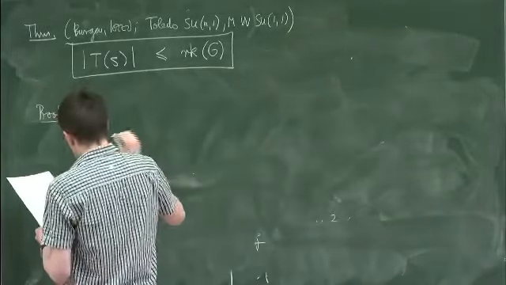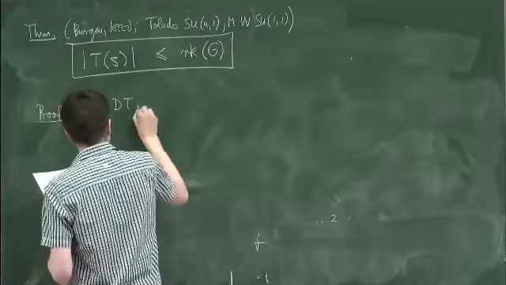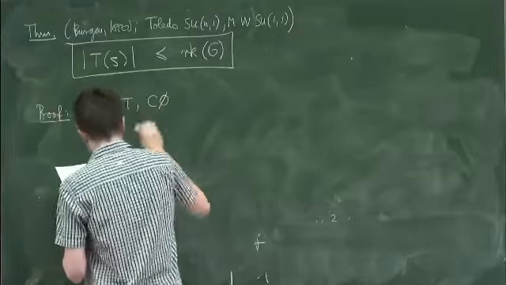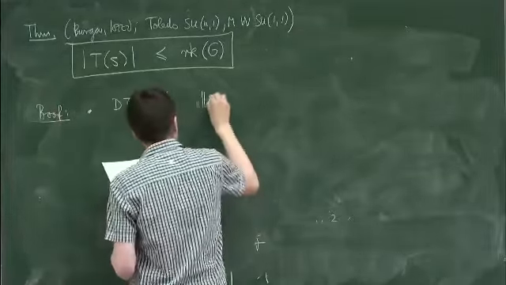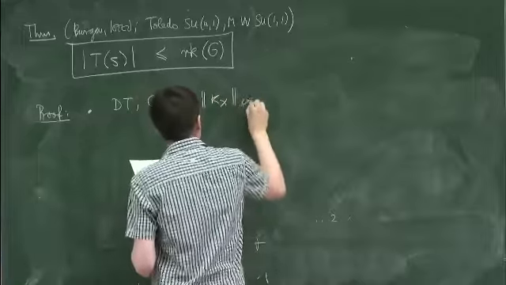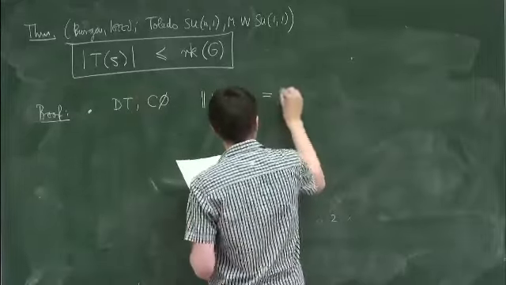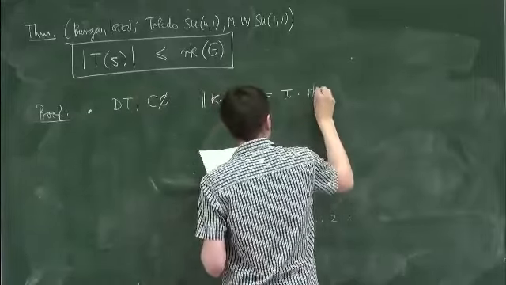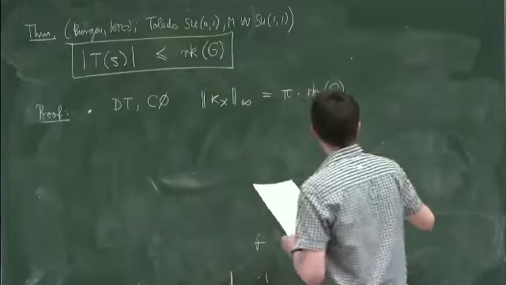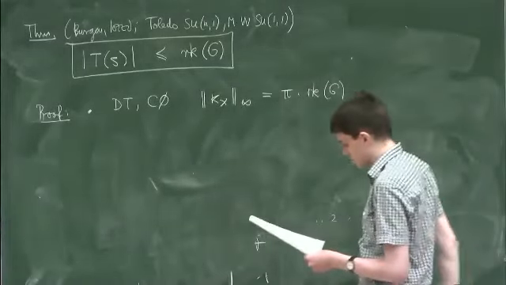So as I said, Domic and Toledo and Clerc and Ørsted proved that the Gromov norm of the Kähler class here is in general pi times the rank of G. And in our example before, the rank was 1, so it was just pi.